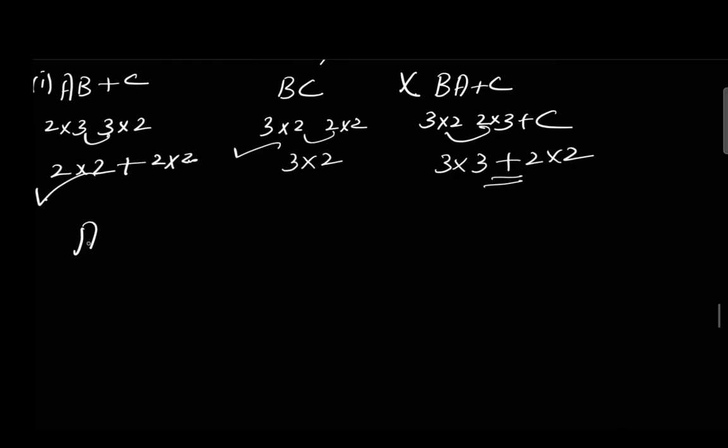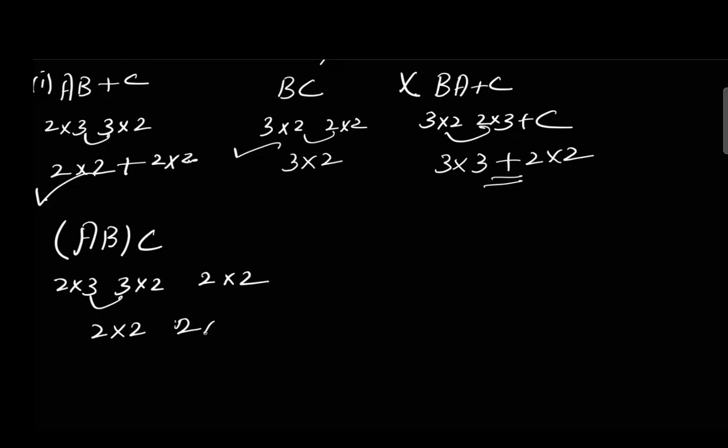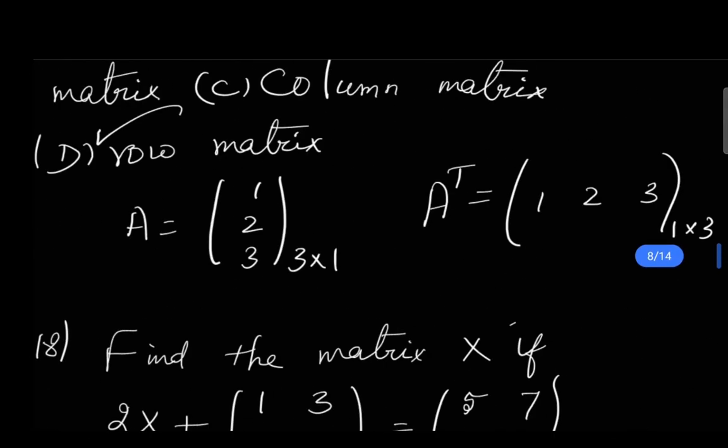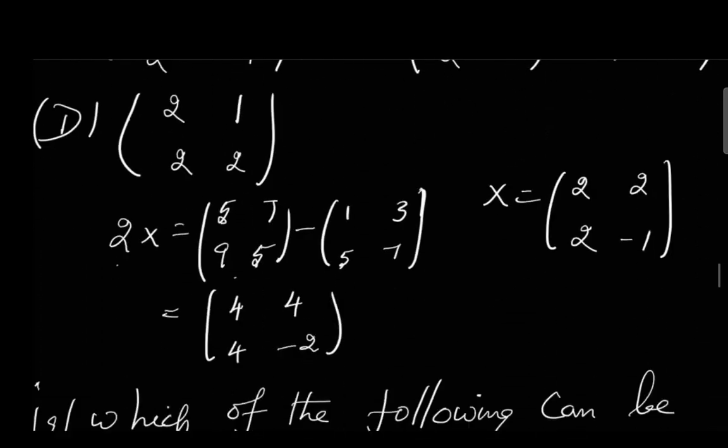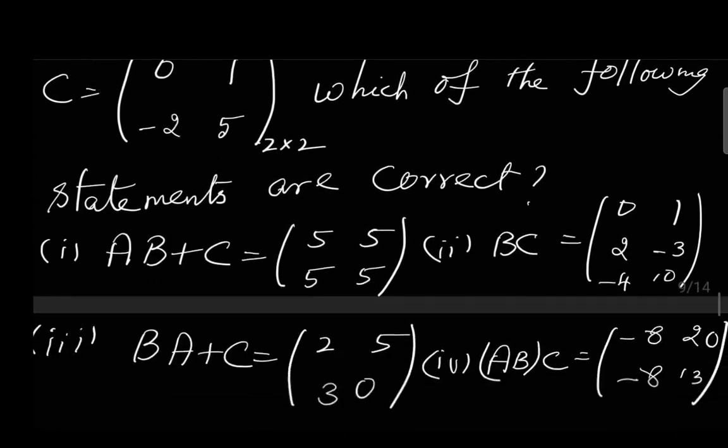And next option, AB into C. A is of order 2 by 3, B is of order 3 by 2. So we get 2 by 2. And C is of order 2 by 2. So multiplication is possible, and the answer is 2 by 2. Look at the options.